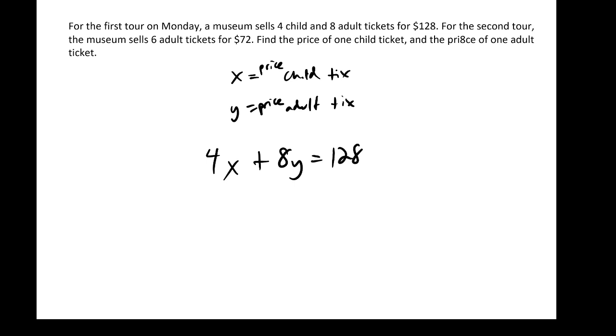It's really straightforward. So think about what we have here for that other one. We have 6 times the adults. Remember, adults is going to be y, so 6y, and that's going to be 72. Now watch this. If I solve this very quickly, 6y equal to 72, divide both sides by 6. y is going to be 12.